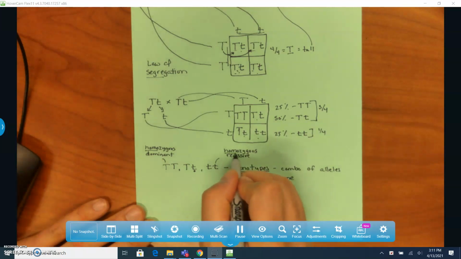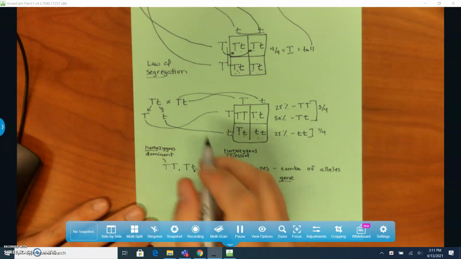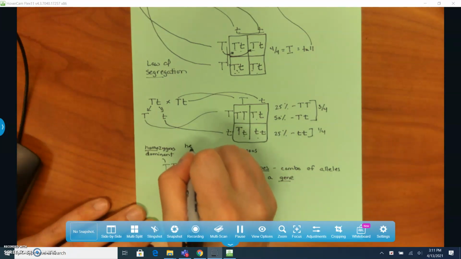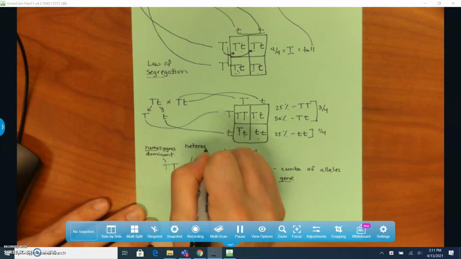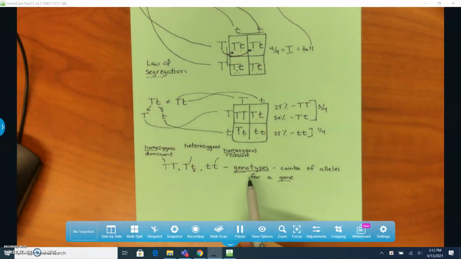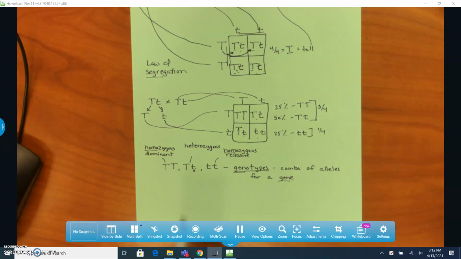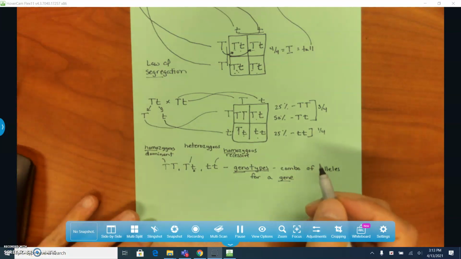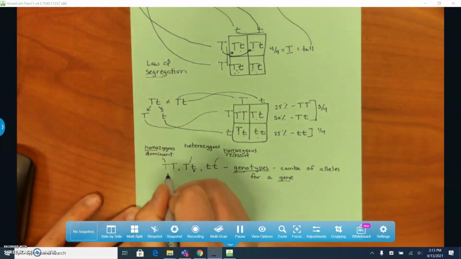And again, homo meaning the same. And then we have the opposites. This genotype is called heterozygous. So we have 3 different genotypes: the homozygous dominant genotype, the homozygous recessive genotype, and the heterozygous genotype.